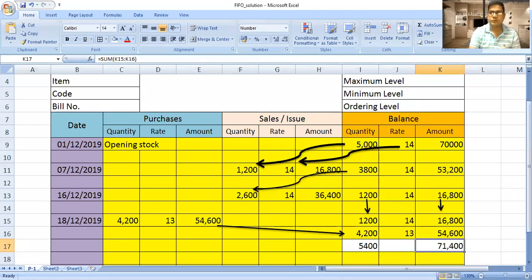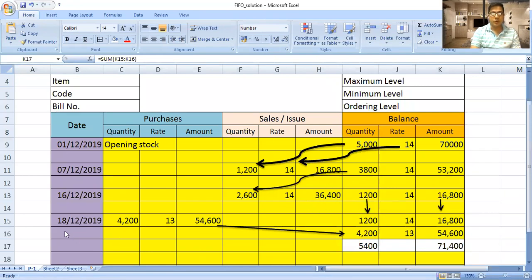Yes, I hope you understood how to write the closing balance. We will not consider only month-wise or year-wise closing balance. Here we have to write the daily closing balance. So we recorded this closing balance for 1st December, then 2nd December, 7th December also.